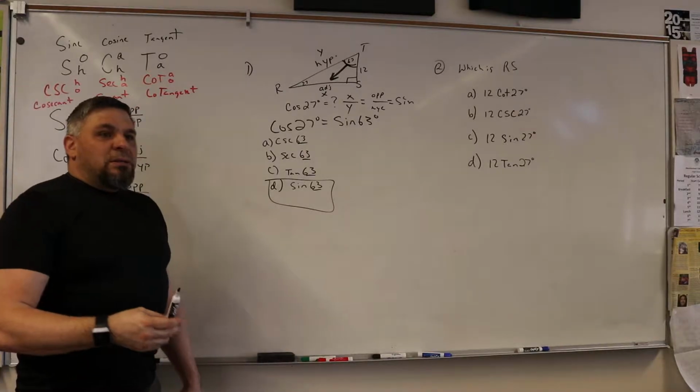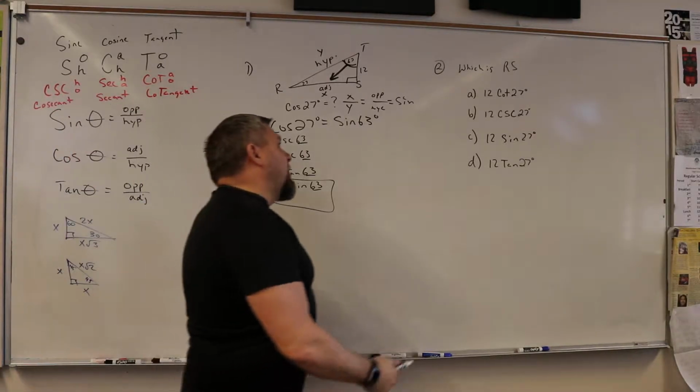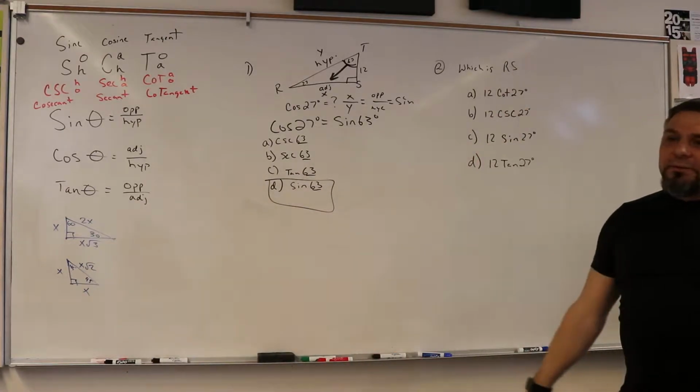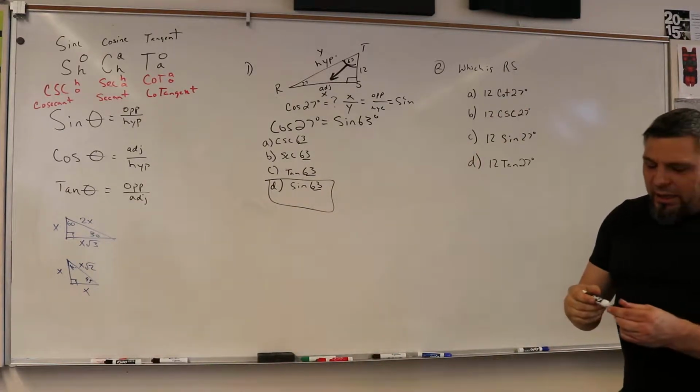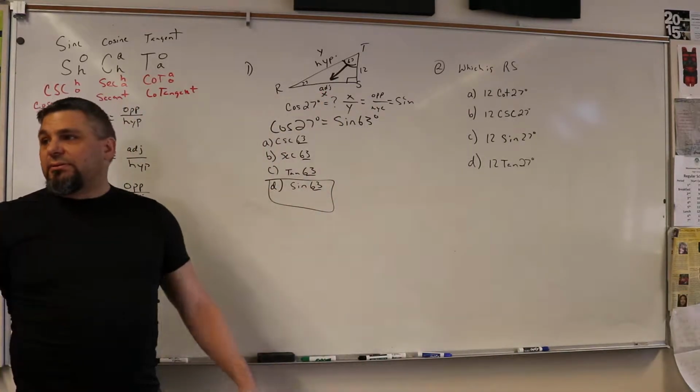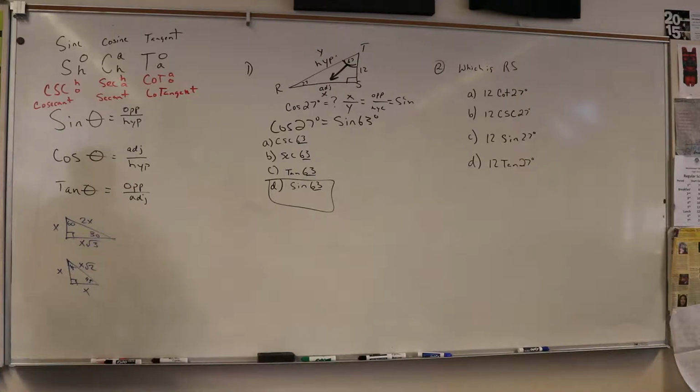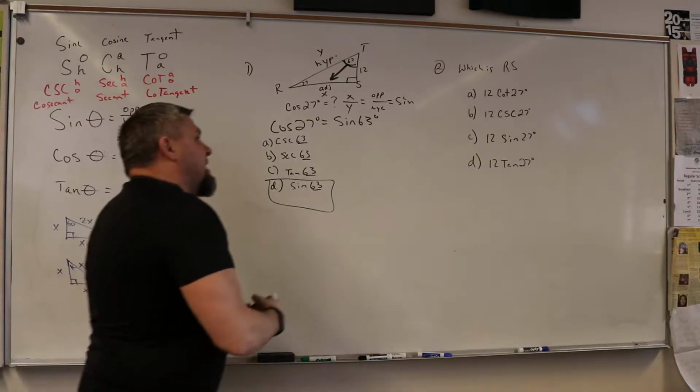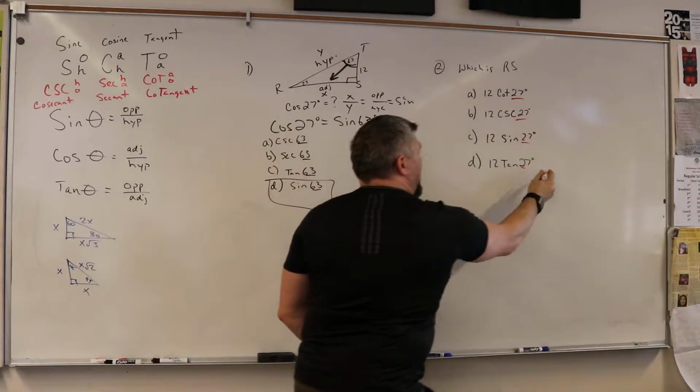All right. Then the other thing they want you to see is, how do you put RS in there? In the same aspect, we're going to hold this x here, and we want to think about what they're giving us. They're taking it from the 27 degree point of view.